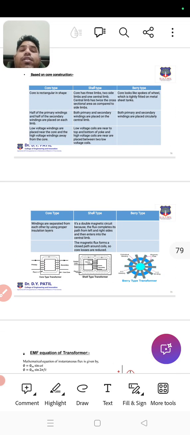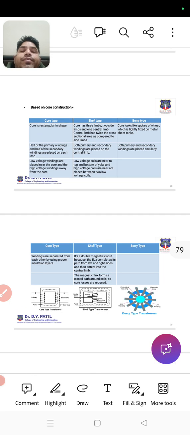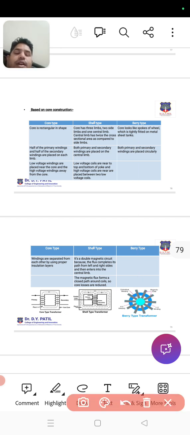Already we have shell type and berry type. There are two: the shell type core and the core type. Here is the diagram of shell type and core type. There is one rectangular core, with limbs on both sides.